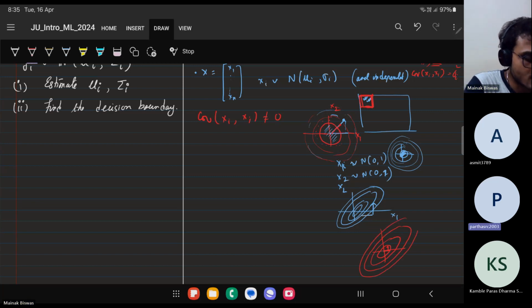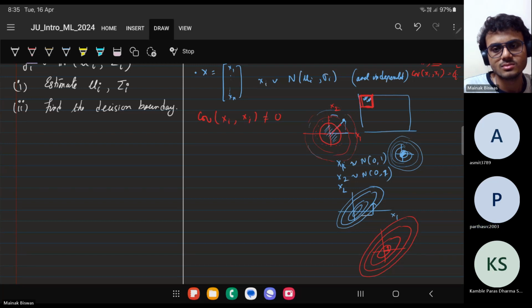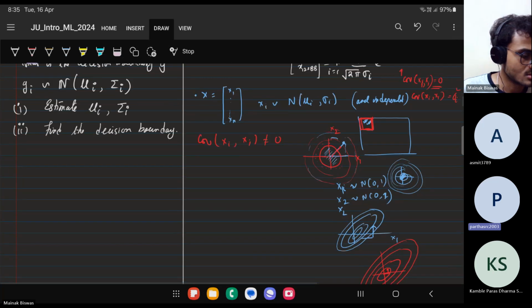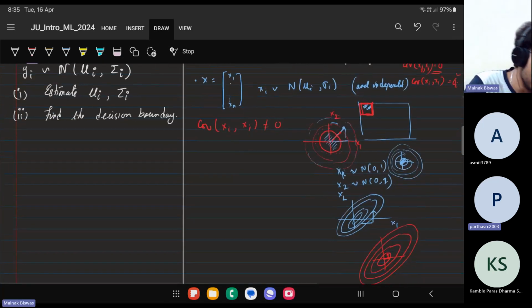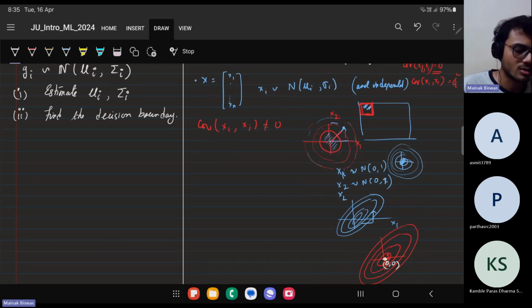In the first one, where they are independent, can I say that it is a multivariate standard normal? Mu is the same. Mu is still 0. Mu is 0, 0 for x1 and x2.